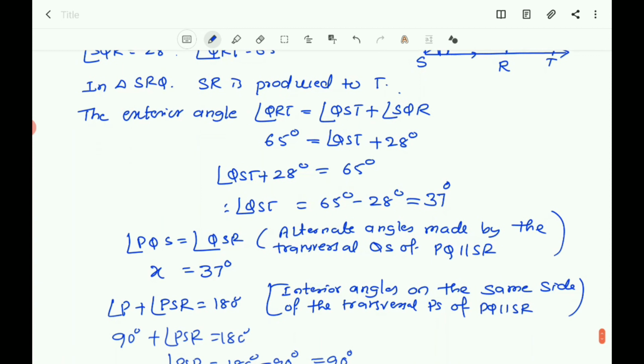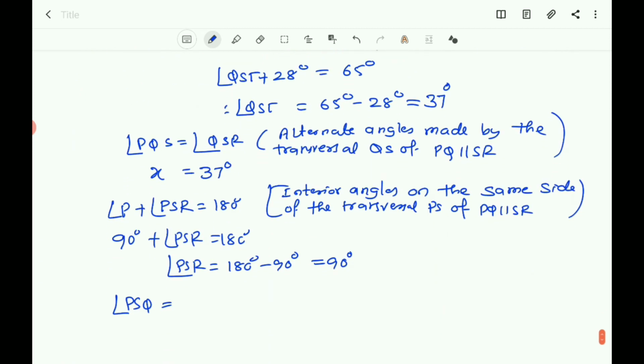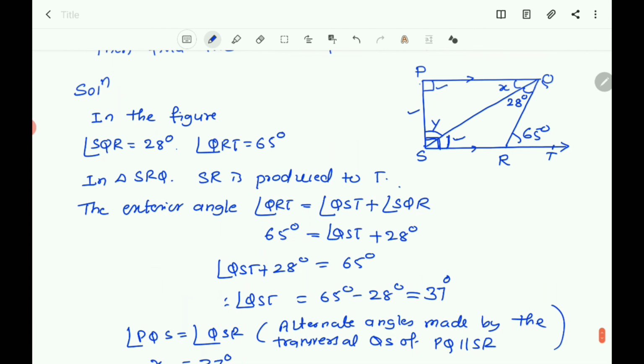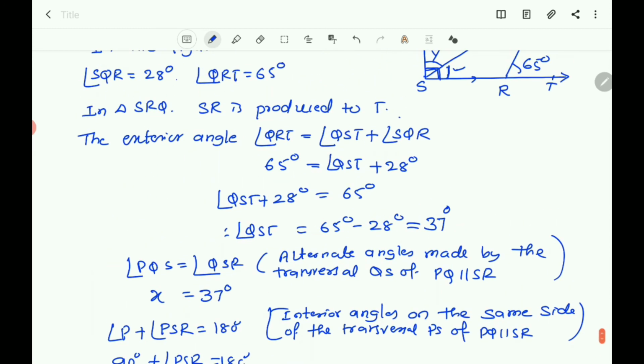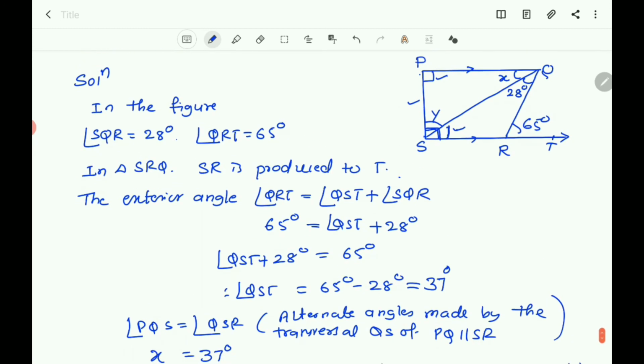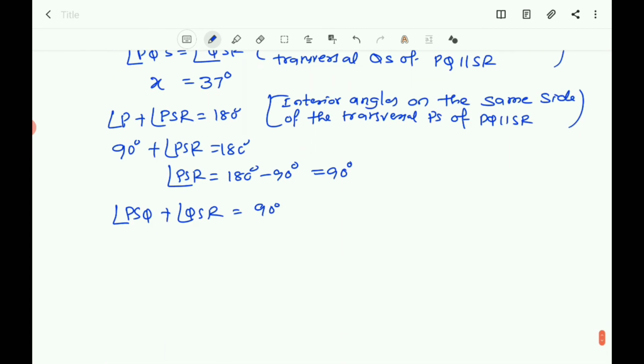So you write angle PSQ plus angle QSR is equal to 90 degrees. These two are adjacent angles here. They are adjacent angles.